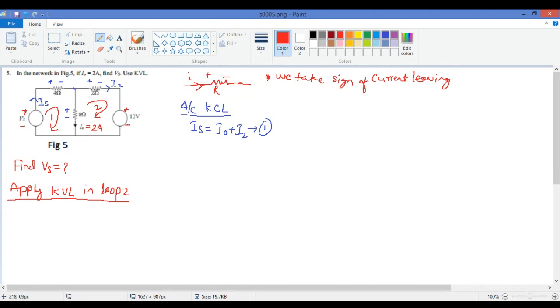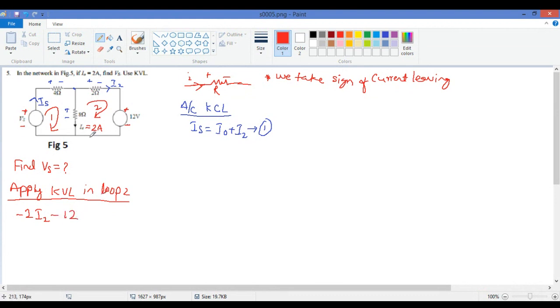I'm starting from here, for example. You see, current leaving is from minus, so this will become minus 2 into I2, so I write minus 2 I2. Then again here minus 12.